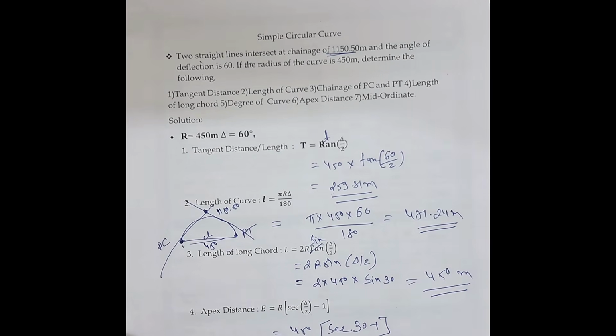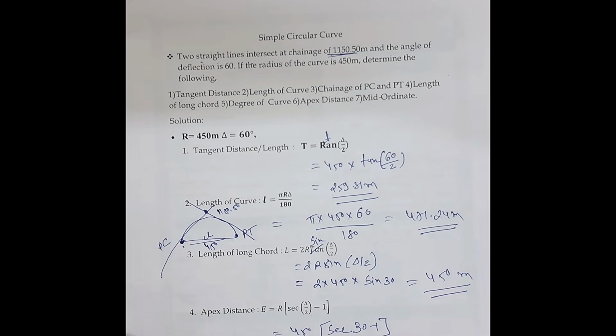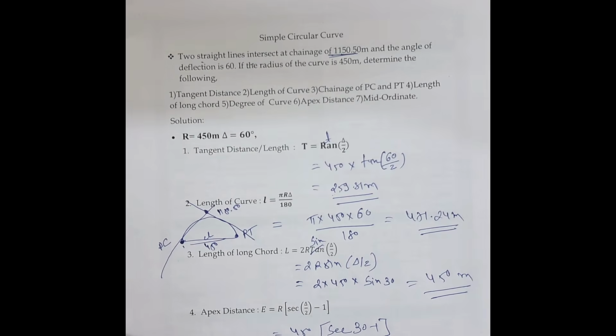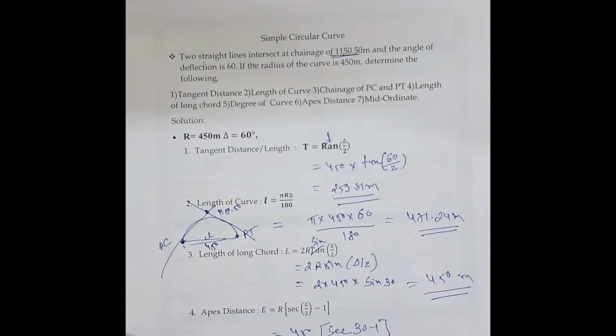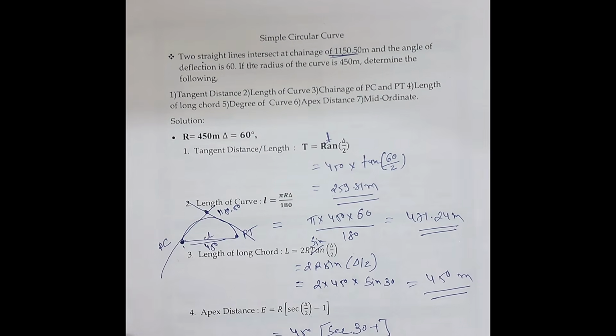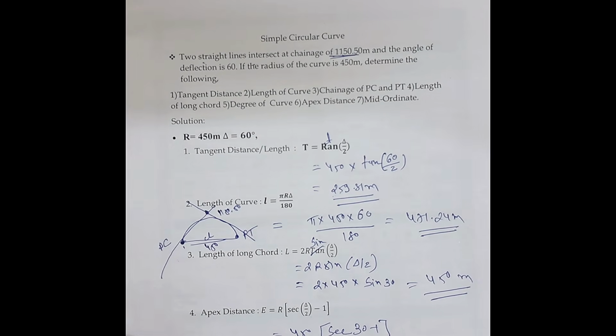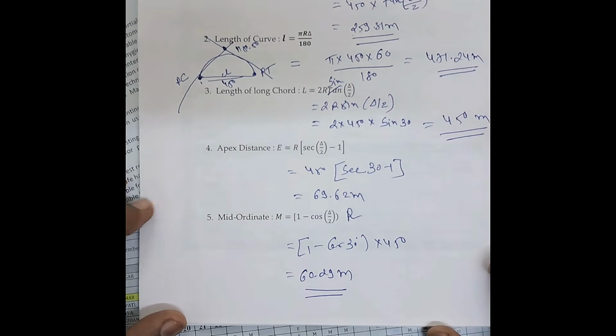Okay, this will be your apex distance. And the last, mid-ordinate. For the mid-ordinate, you put the value: 1 minus cos 30 degrees, multiplied by R, so 450. It is equal to 60.29 meter. So this will be your final answer.